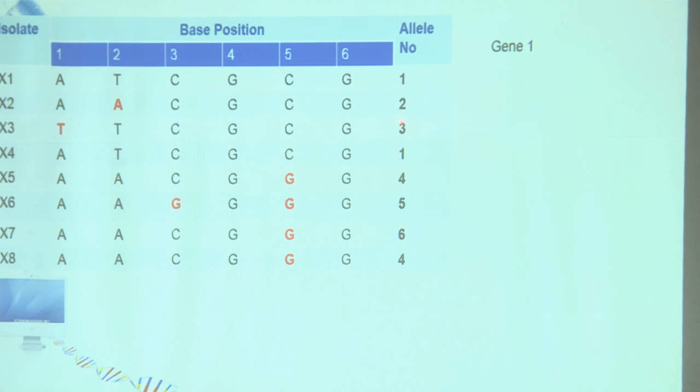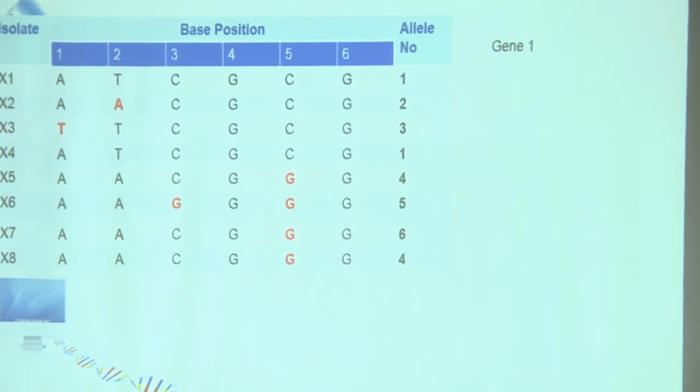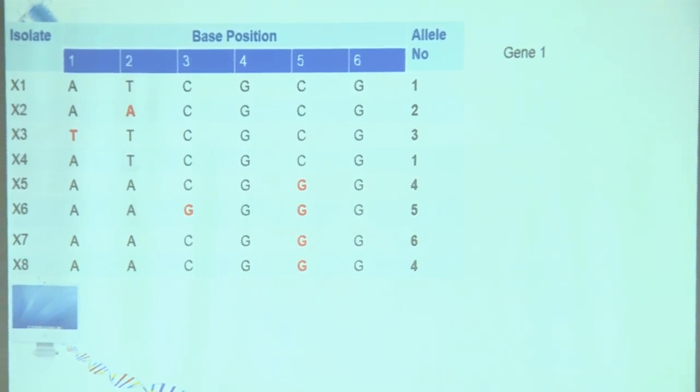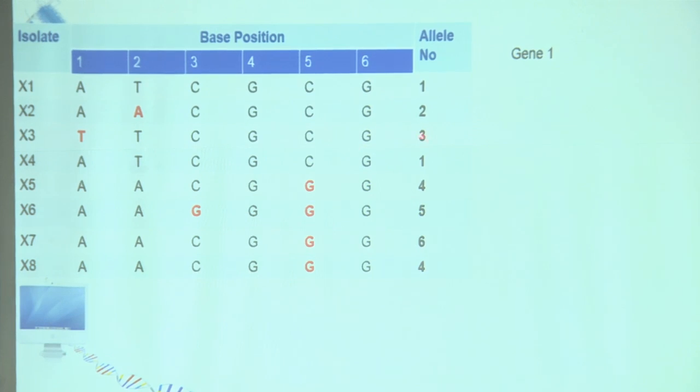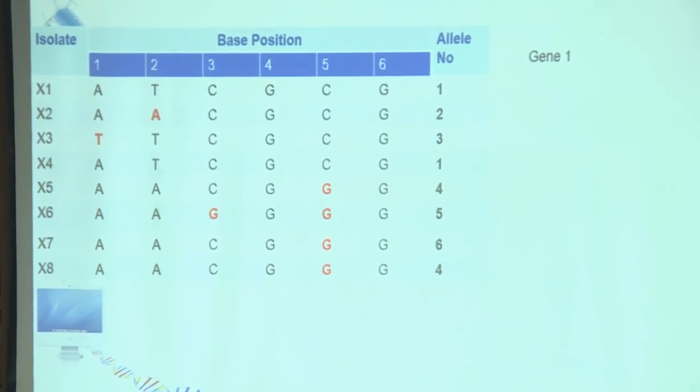So I gave 2 here. When I move to the third one, I found there is a variation in the first base call, right? I gave 3. Why 3 here? It is different from first and second. That's it. Okay. When I move to isolate 4, I could get exactly the same like the first one. Then that prompted me to give again the number 1 here, not 4.